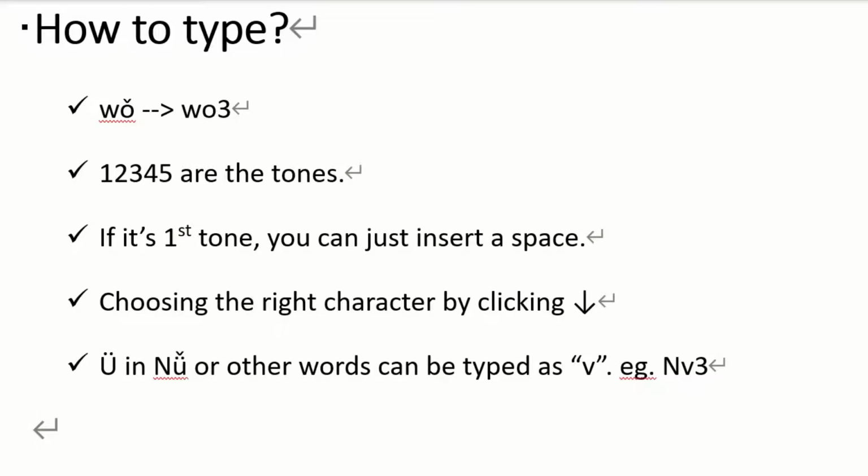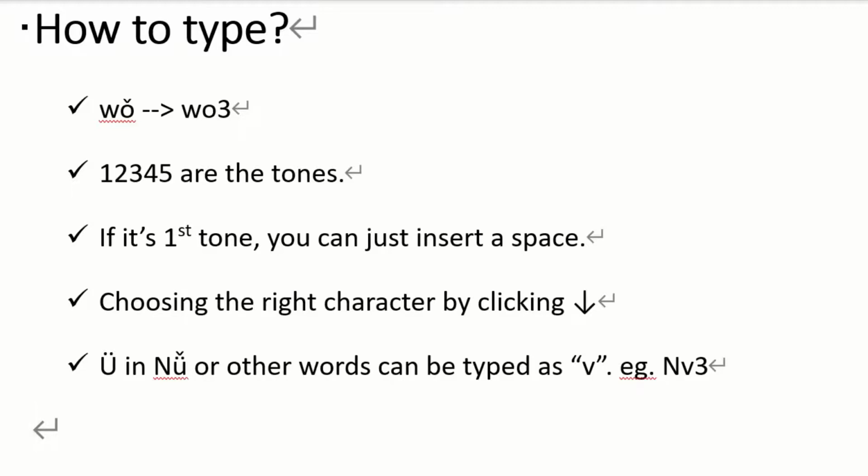So 我 is W-O and third tone. In the typing, you should type W-O and third tone here.